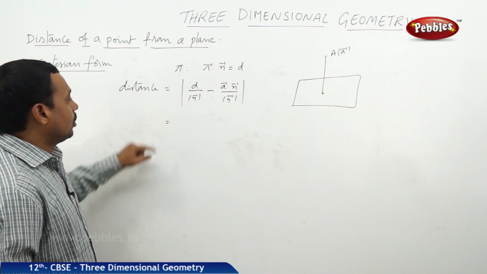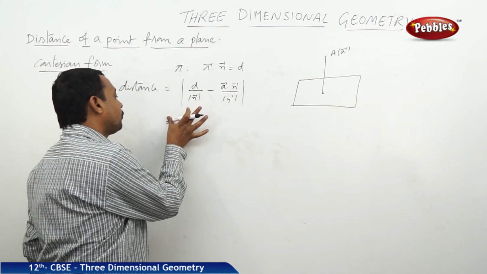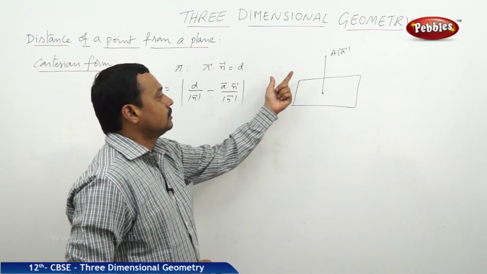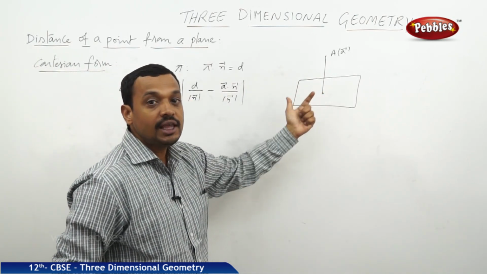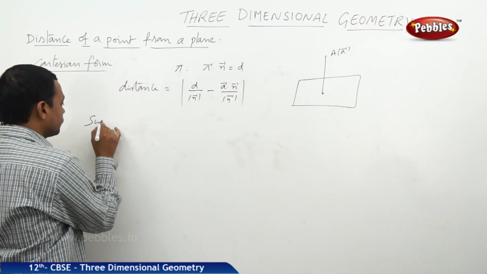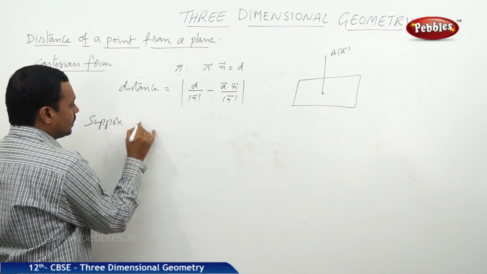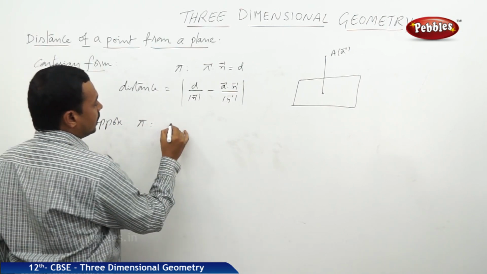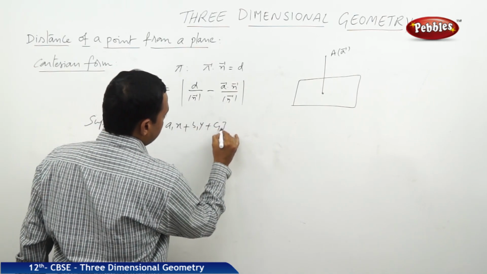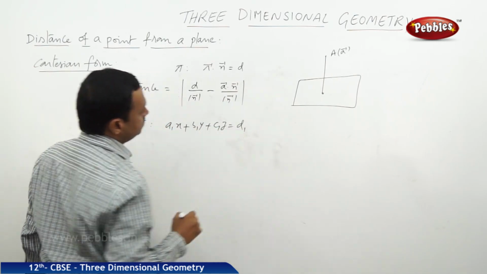Okay. Now, we are going to find the distance of a point from the plane when the plane is in Cartesian form. Suppose the plane is in the Cartesian form, a1x plus b1y plus c1z is equal to d1.